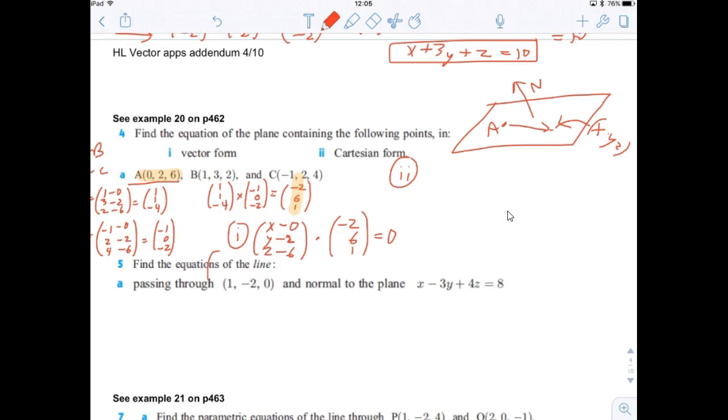All we need to do is do the scalar product and expand it. So that would be x times negative 2, 6 times y minus 2, and 1 times z minus 6. And that is equal to 0.